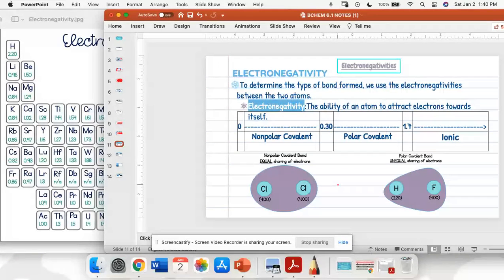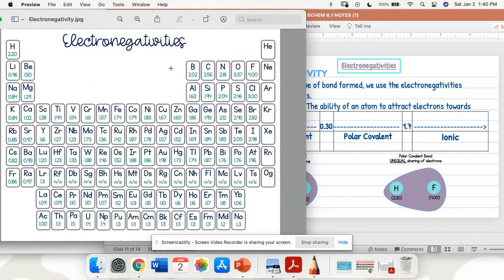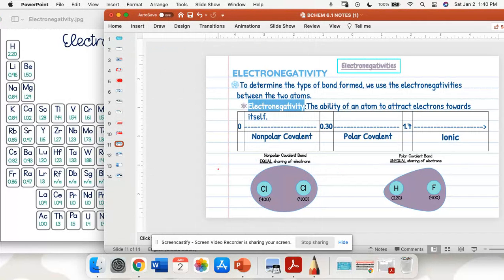So covalent bonds, remember, they share electrons, but they're always sharing. Sometimes it's just a little bit more uneven. So a bond between chlorine and chlorine, which I got the 4.00 from here, that should be a 3.00 on yours.